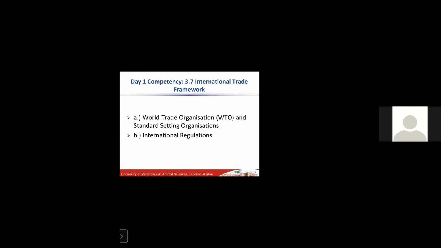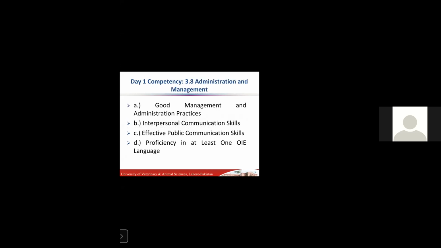And he must have the knowledge of research study design, hypothesis development, data analysis, and interpretation of results. At the end, I would say he must have the knowledge of all the OIE and WTO standard settings for animal health and welfare, and the international standards.